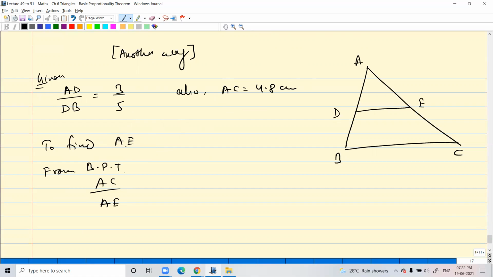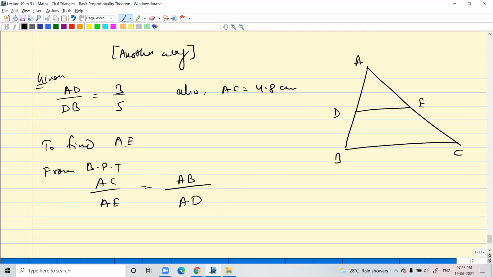From BPT, what can I write? AC by AE is equal to what? AB by AD. We can take the reciprocal form, so it will be easy. AC by AE, so I have to write it as AB by AD, correct?